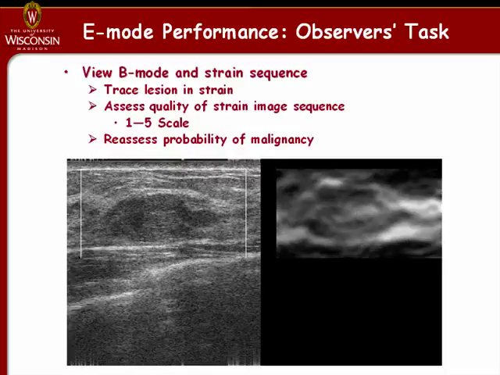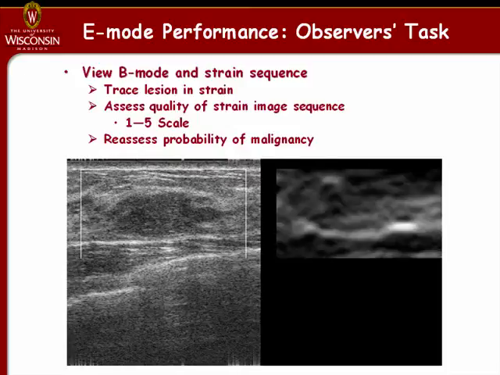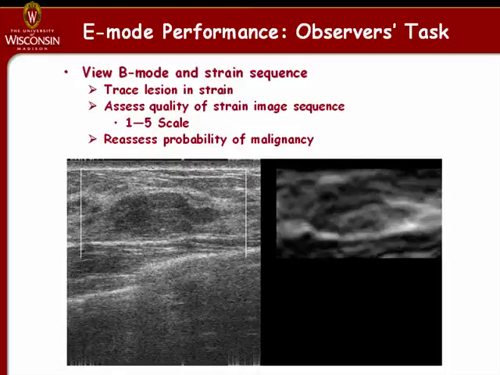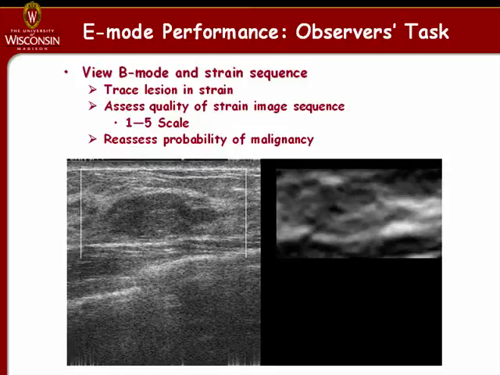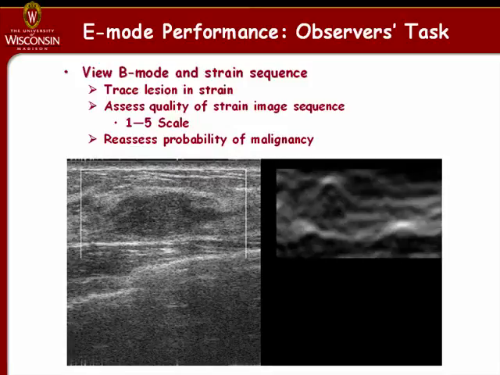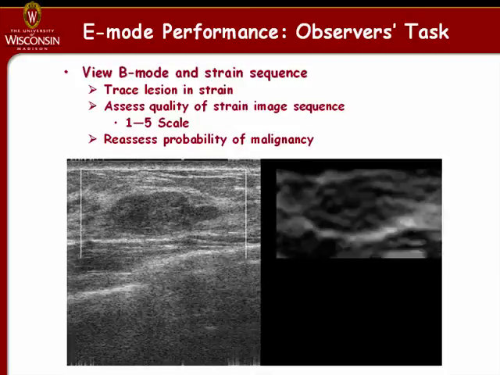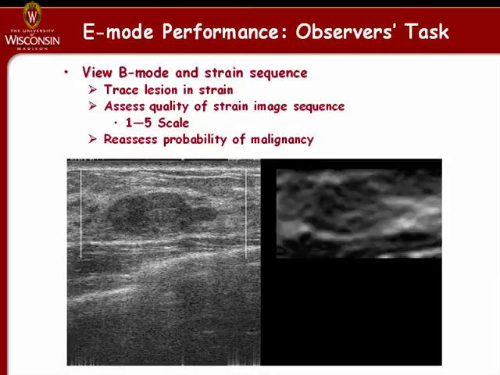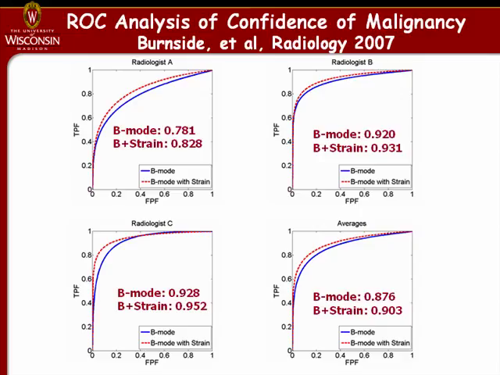The order of these was randomized among all the observers, so we did all the things that are necessary to perform a robust and reasonable observer study. But in the end, we applied receiver operator characteristic analysis, ROC analysis, on those confidence rankings to determine how well the radiologists performed at assessing risk.